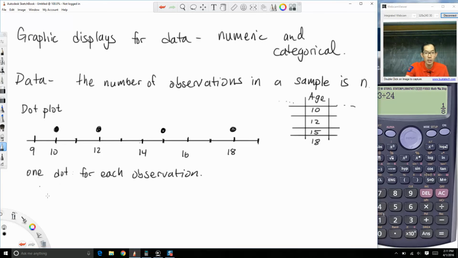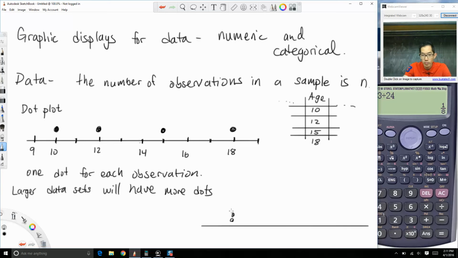Okay, and it works just fine even for larger data sets. We'll just have more dots. So you might get something that looks like this, and this would be a dot plot.